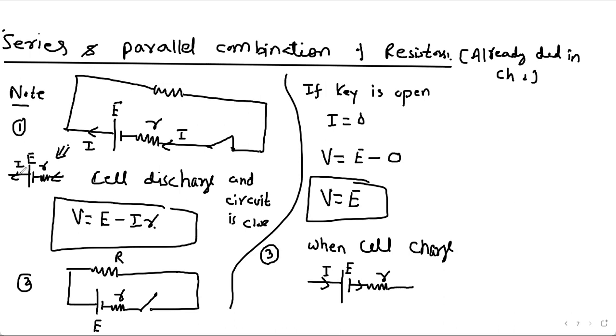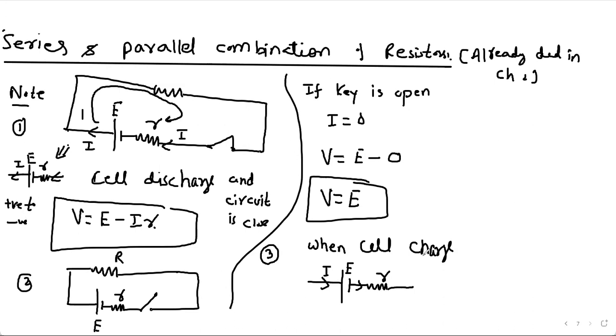If the direction of current is from positive to negative, we don't take direction through the cell. We take direction always through the circuit. So it's moving from the positive terminal to the negative terminal. If you take direction through the cell, then you will say it's from negative to positive, but we don't consider that. So in discharging, the direction of current is from positive to negative.